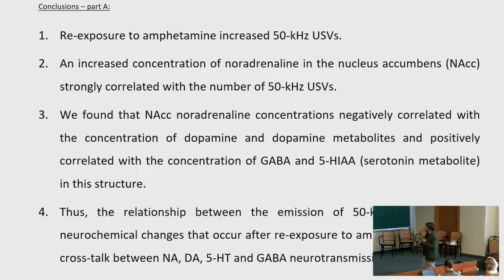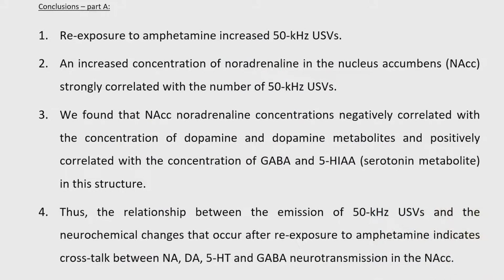All right, so here are the conclusions of part A. So re-exposure to amphetamine increases 50 kilohertz. An increased concentration of noradrenaline in nucleus accumbens strongly correlated with the 50 kilohertz.